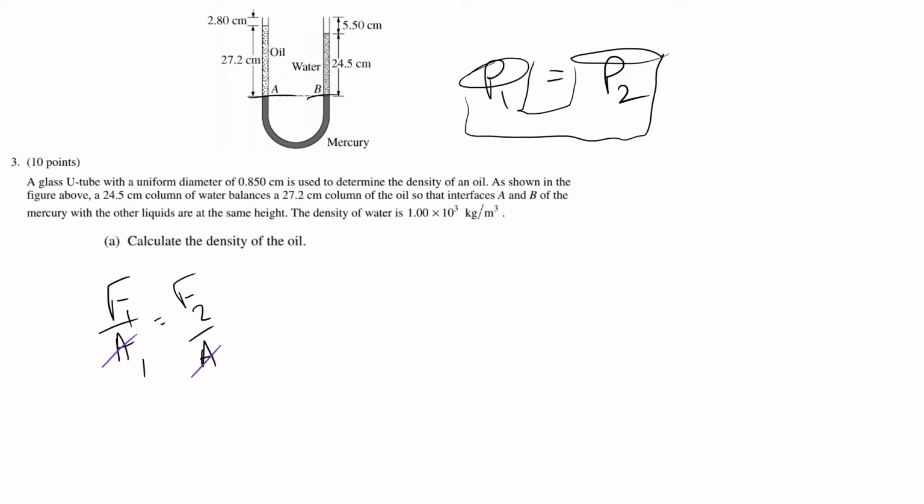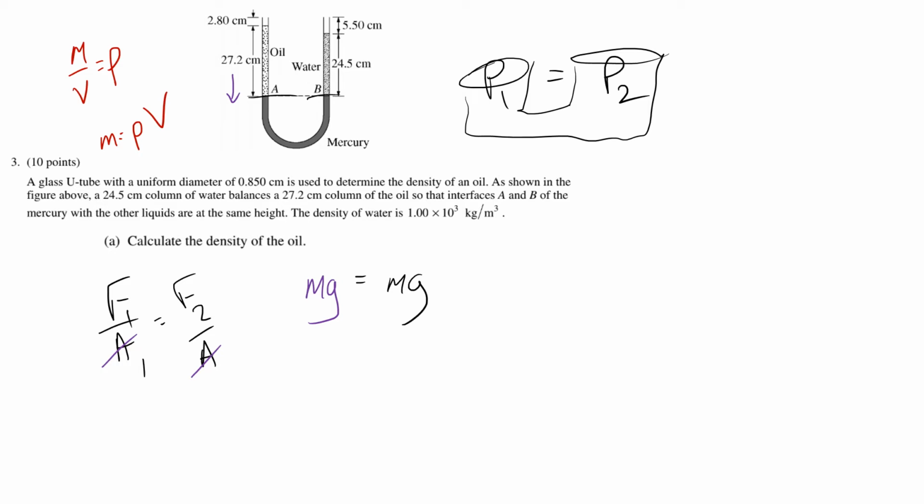So how much force is there? It's the weight of the two. Let's do oil first. The weight is mg, which is equal to mg of the water. But we don't know the mass of the water, annoyingly. So we have to split it apart: mass over volume is equal to density, so mass is equal to density times volume.